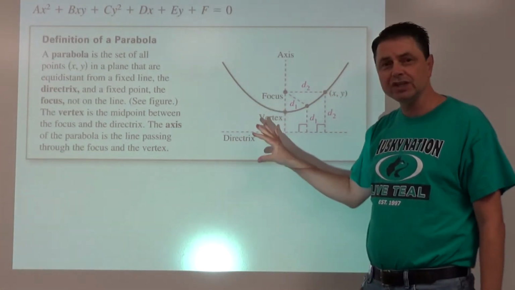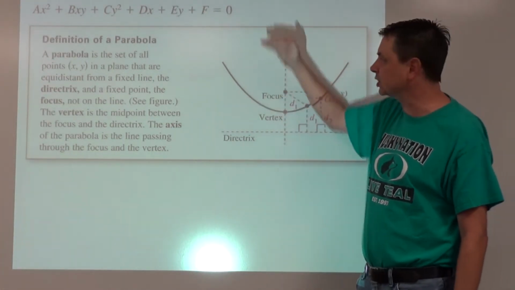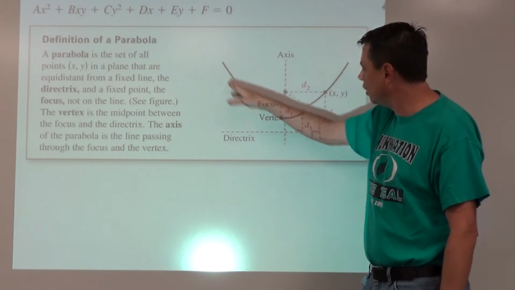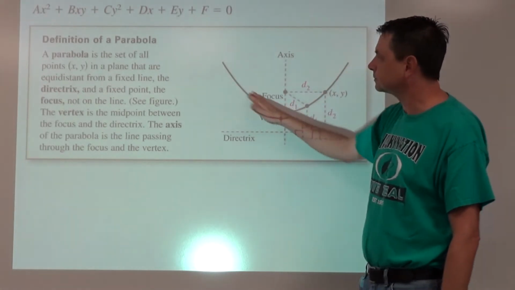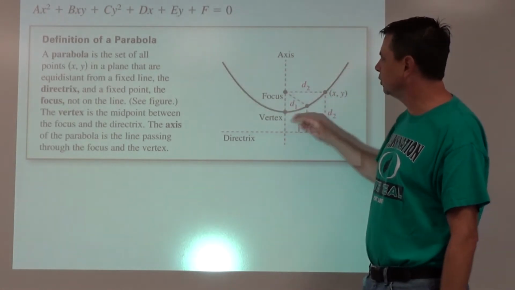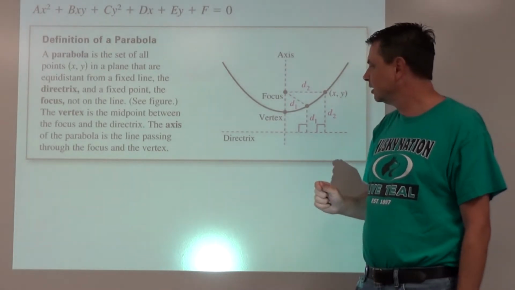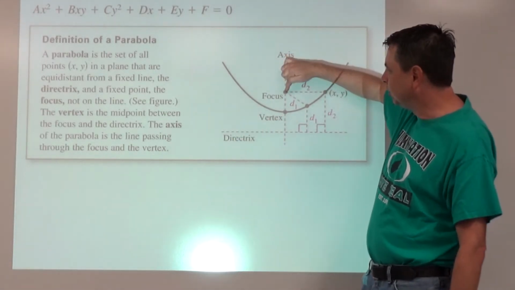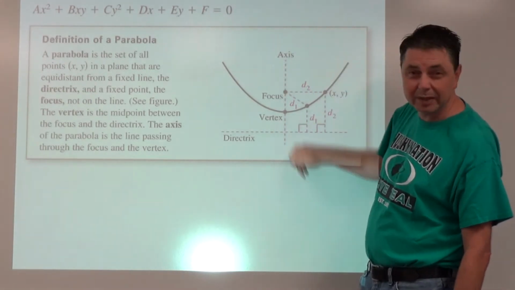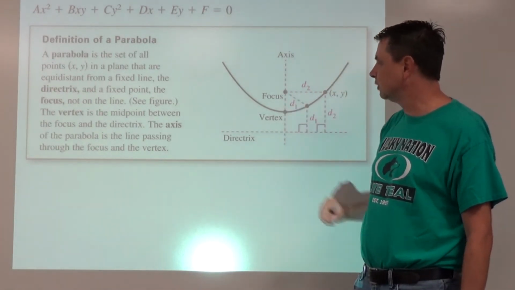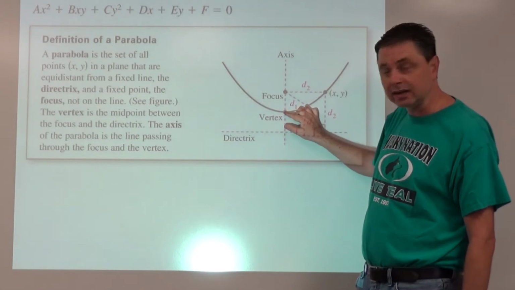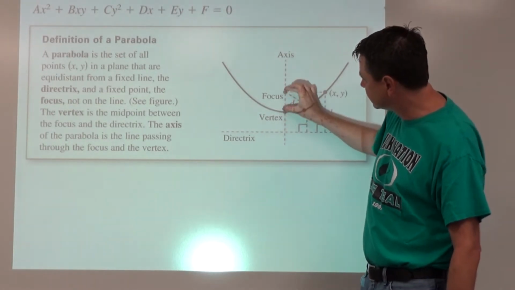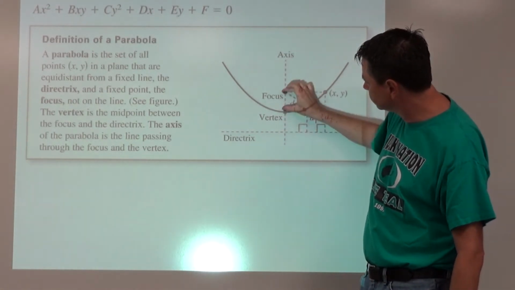So our definition in terms of a conic section of a parabola: it's all the points that are equidistant from a fixed line called the directrix and a point that's always going to be on the axis of symmetry called the focus. So the vertex is the same distance away from both.